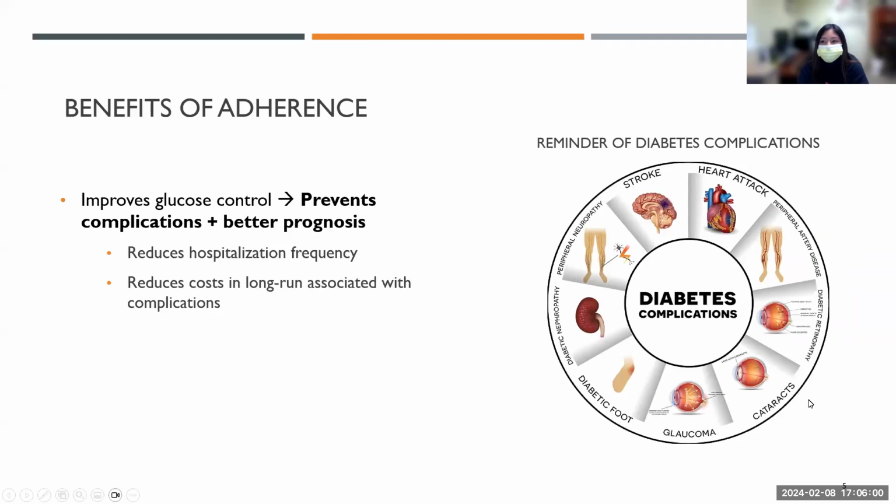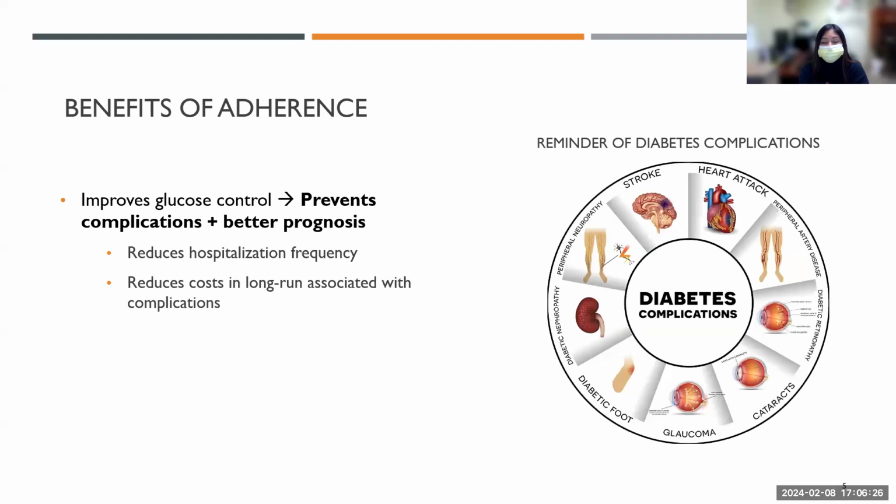All right, and so you may be wondering why is medication adherence important? What are the benefits? So let's look into that. All the medications that I've previously shown in a couple slides before have all been studied in large clinical trials and have been shown to be efficacious and also safe in improving your glucose control.